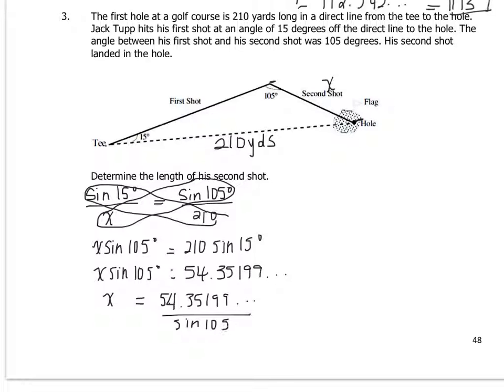Because you divide both sides by sine of 105, just to get the x by itself. So when you work that out, I have that still left in my calculator, so divide that by the sine of 105, and you would get 56.2693.